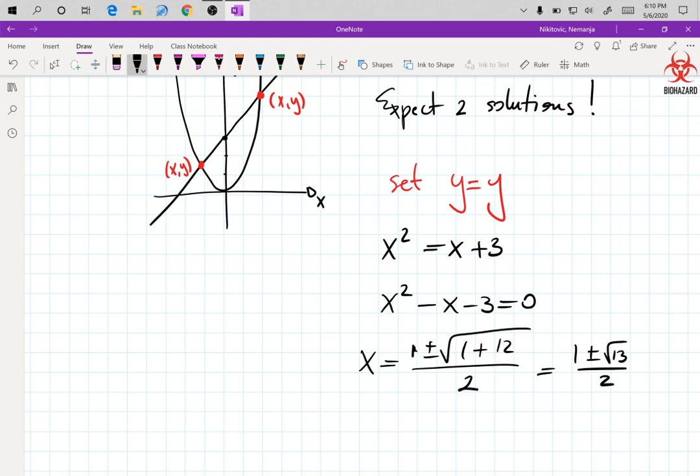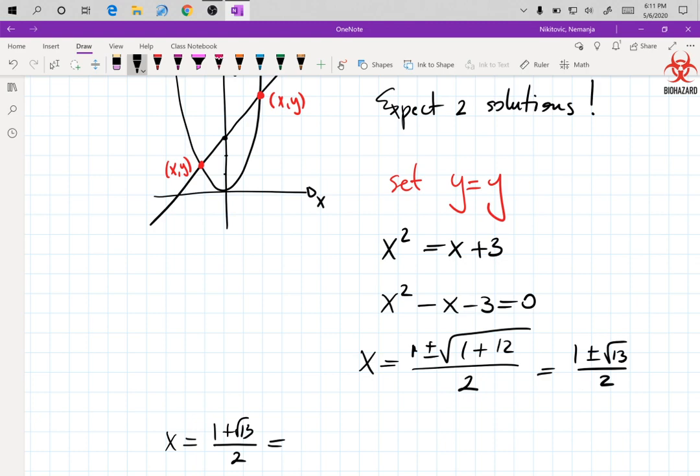If you want to know what you get, you can use a calculator for the square root of 13. So x is going to be 1 plus square root of 13 over 2, and then keep one decimal place. Can you really graph an x going to 7 decimal precision?